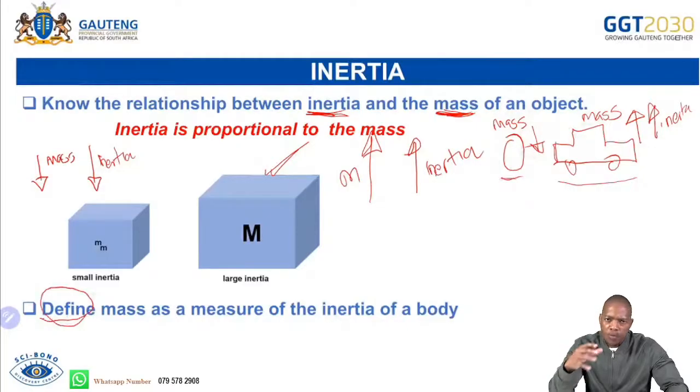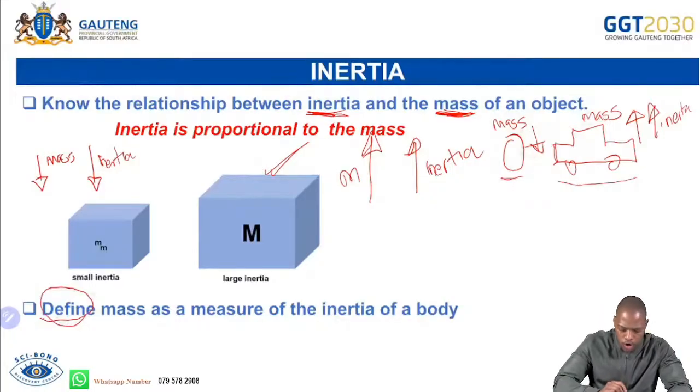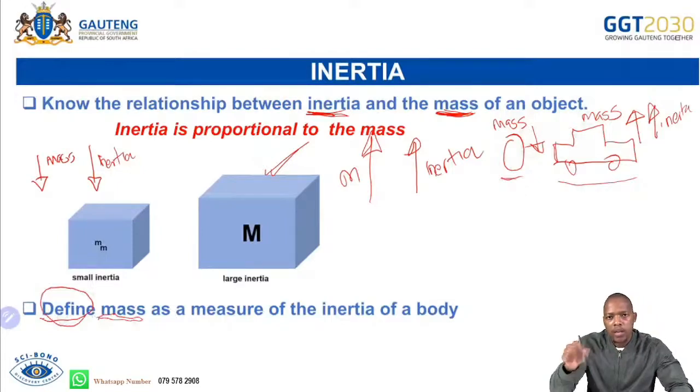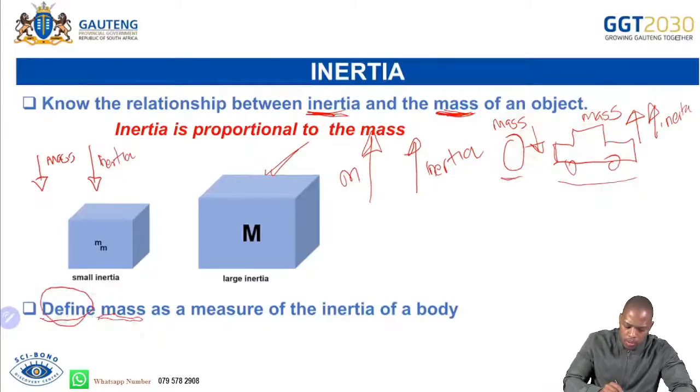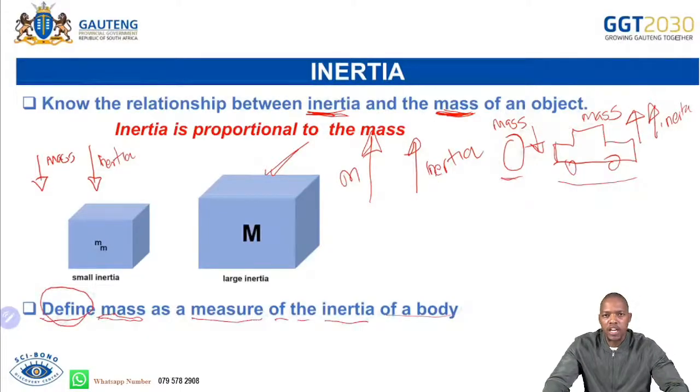If the object's mass is small, immediately I know its inertia is going to be small. If the mass is big, I know its inertia is also going to be big, right? Therefore, I can say that mass measures the inertia of the body. Its definition is: mass is the measure of the inertia of a body.